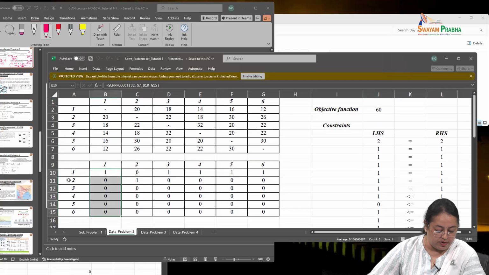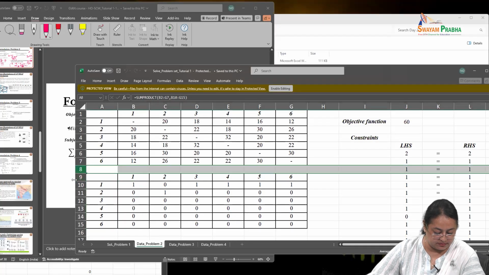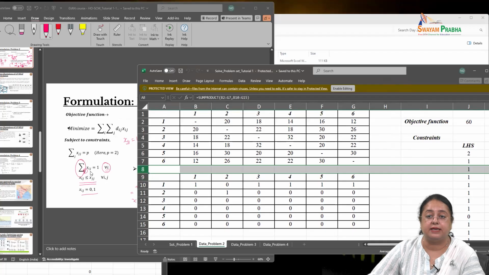So coming from, for all the facilities, it has to be 1. See what this constraint is saying? Xij means 1 1 plus 2 1 plus 3 1 plus 4 1 plus 5 1 plus 6 1.